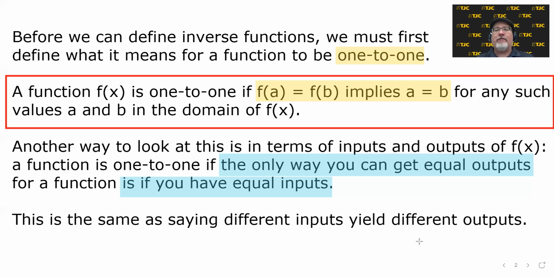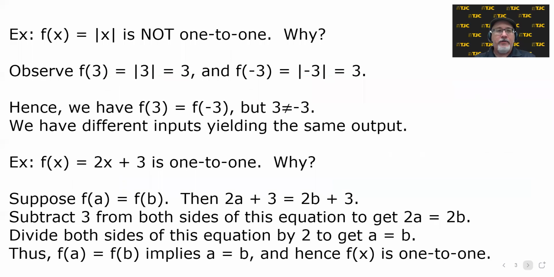For example, if we have a function that says, I'm going to square you, I'm going to raise you to the second power, if I take 5 and square it, I get 25. But if I take -5 and square it, I also get 25. So that wouldn't be one-to-one because I would have two different x's pairing up with one single y. One x to one y and vice versa. That's what makes a function one-to-one.